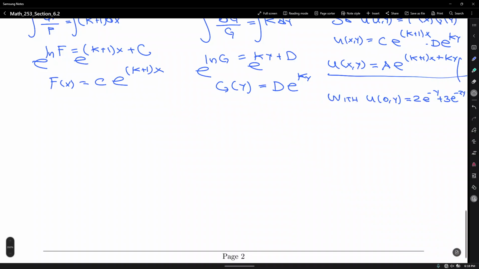Because this time we have two terms. If we were to substitute u of 0, y into here, that's going to leave me with one single term right here. However, here I have two terms. That's a little bit of a problem. So in this case, because our initial condition has two terms, we need to solve essentially two initial condition problems, one for each term. That is a case one and a case two.